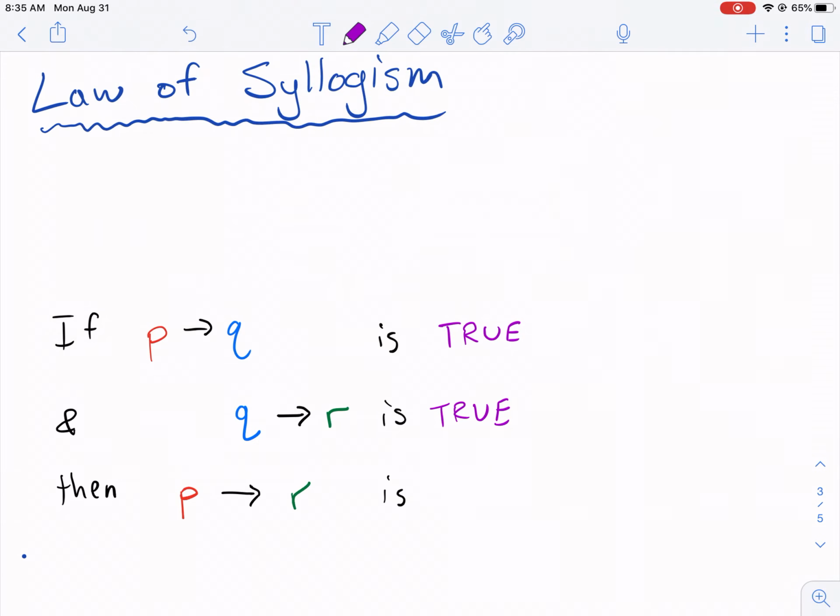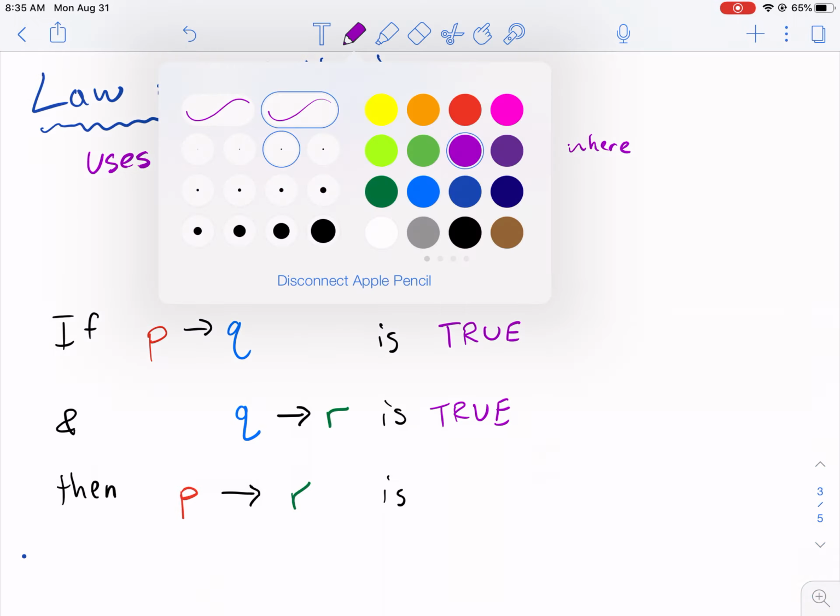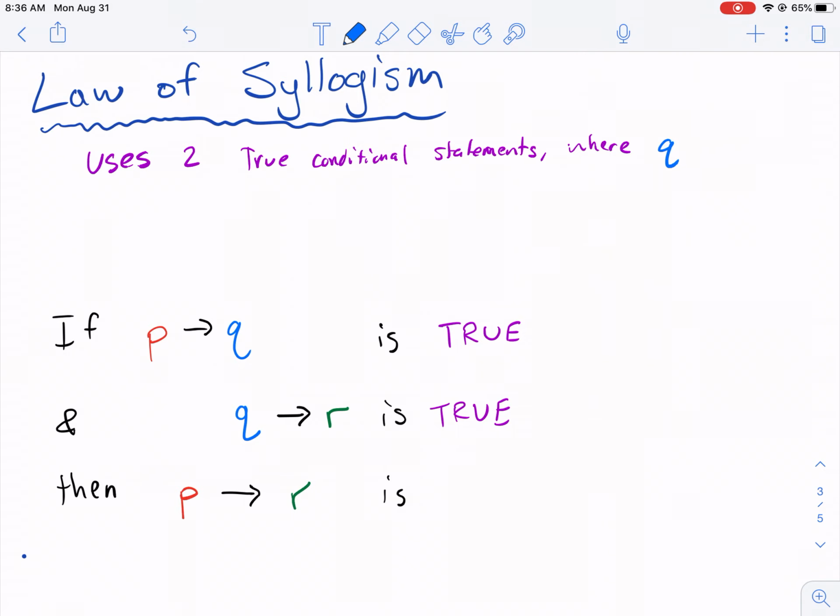So law of syllogism uses two true conditional statements where the Q of the first, actually it's 3 statements, right?